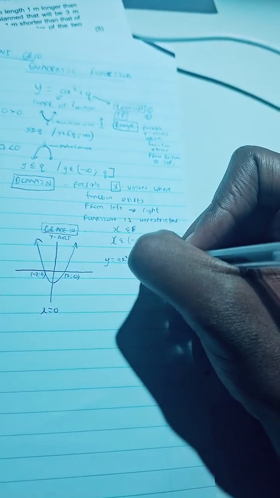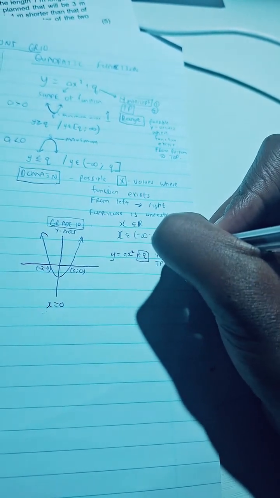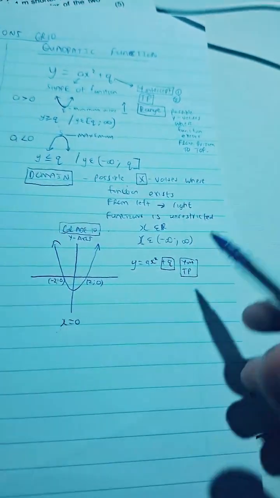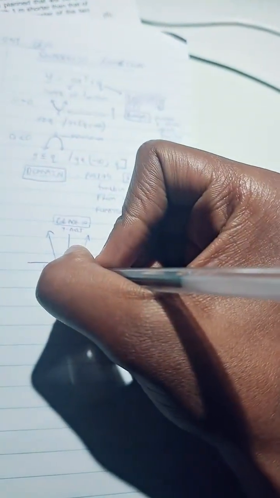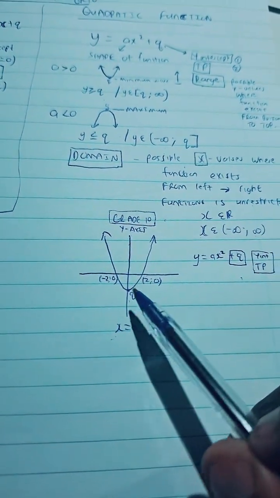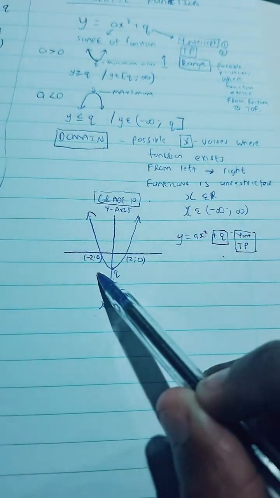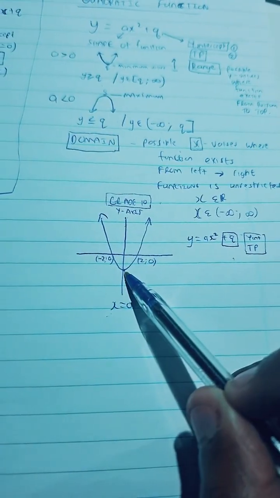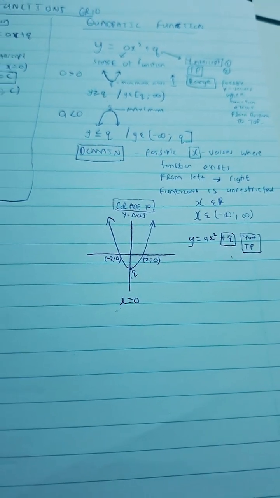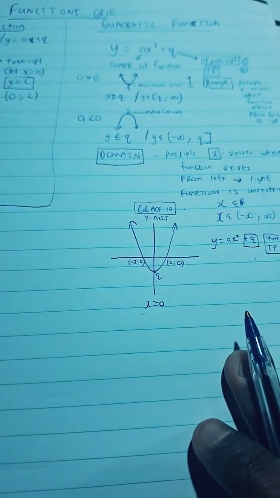And that is why this here is not only your y-intercept, but it's also your turning point in grade 10. This q value is your y-intercept, but it's also your turning point. Very important. So I hope that's very clear for all grade 10 learners.